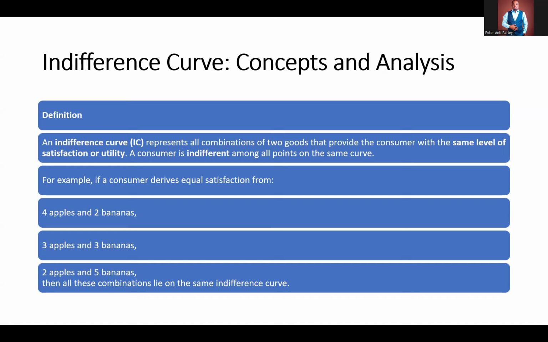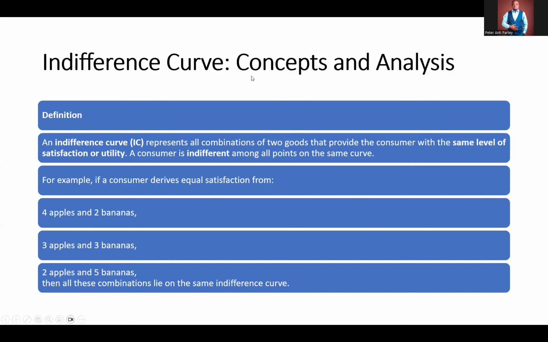So you see that in the diagram that I drew, I had two goods, X and Y, banana and apple. It means that in doing analysis, we are always looking at two goods that provide the consumer with the same level of satisfaction or utility. That is done. Let's make progress.